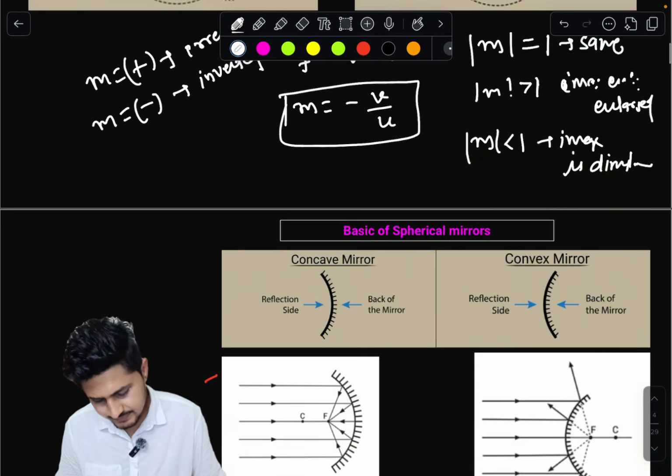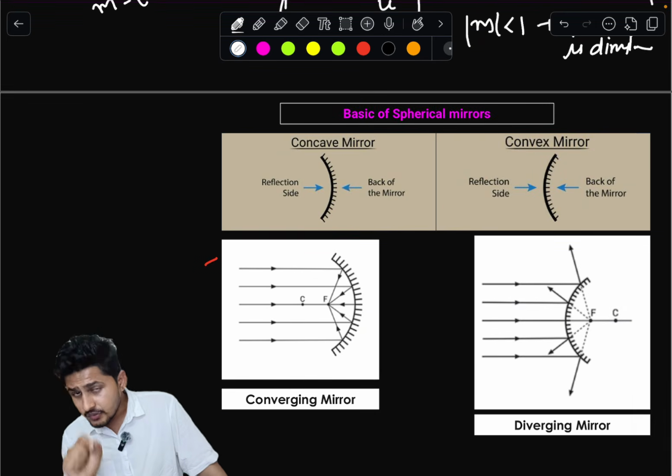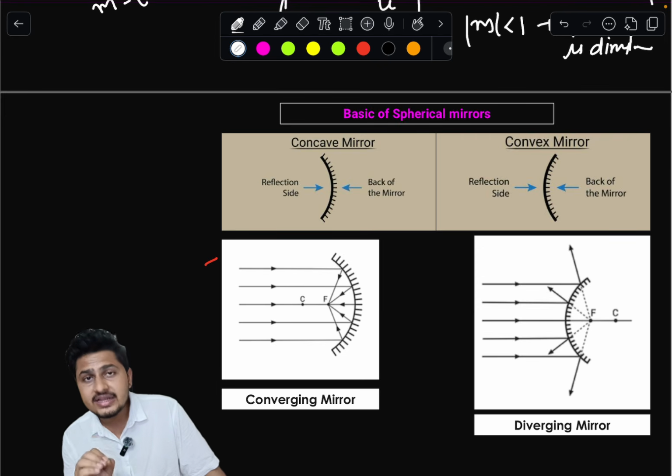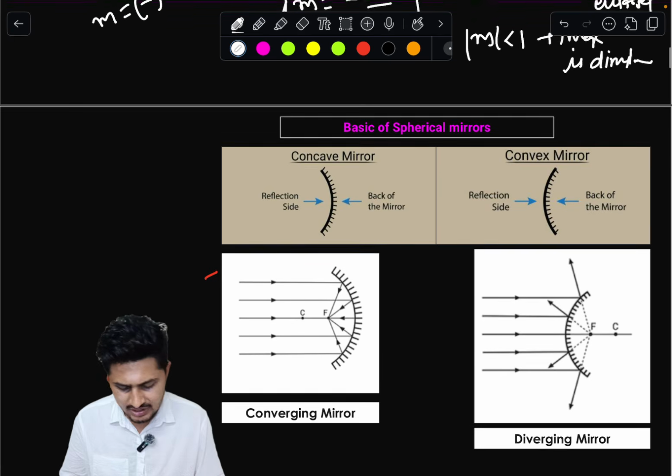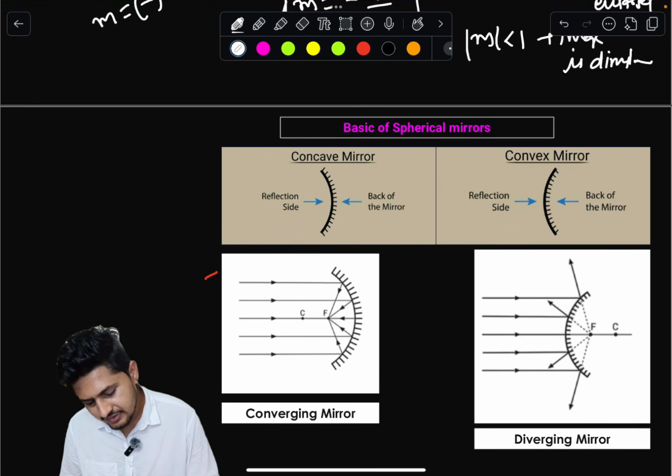But let's move further. Now we have one more property of the concave mirror and convex mirror. A concave mirror converges the rays of light, that's why we say the concave mirror is a converging mirror, and a convex mirror diverges the rays of light, that's why the convex mirror is also known as a diverging mirror. You can see in this diagram, the rays of light coming from infinity are converging at the focus.